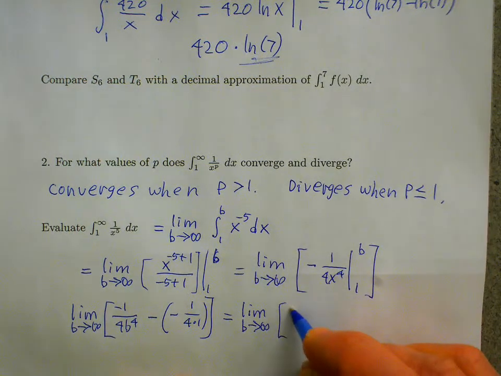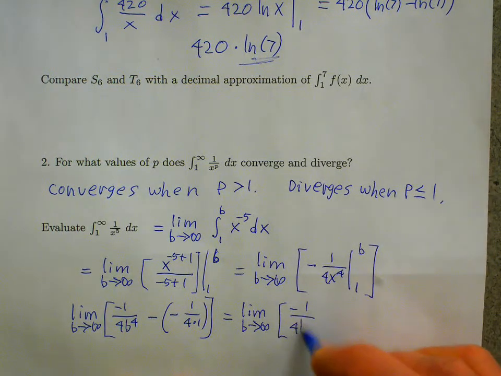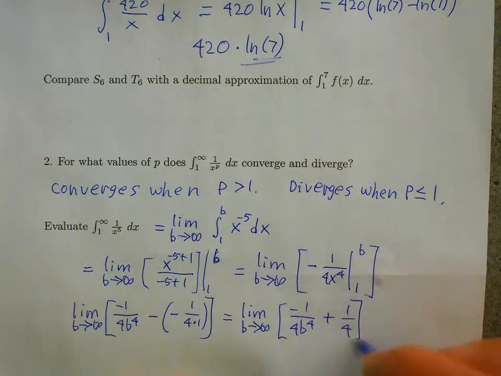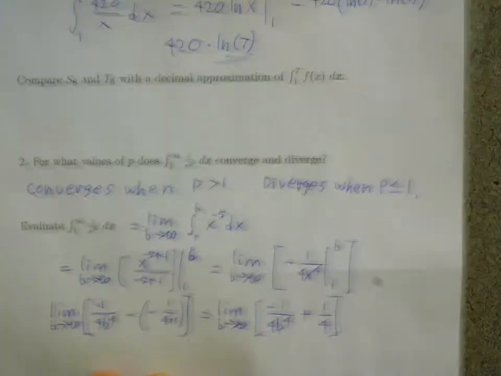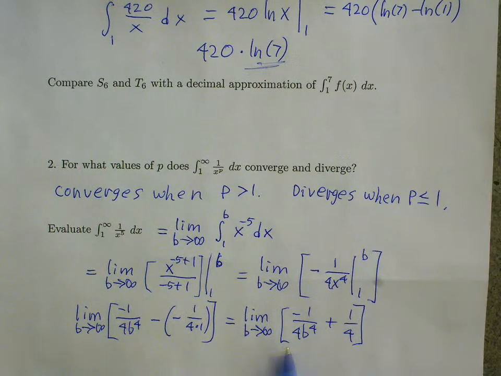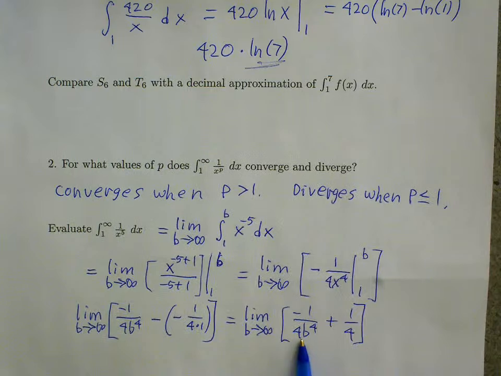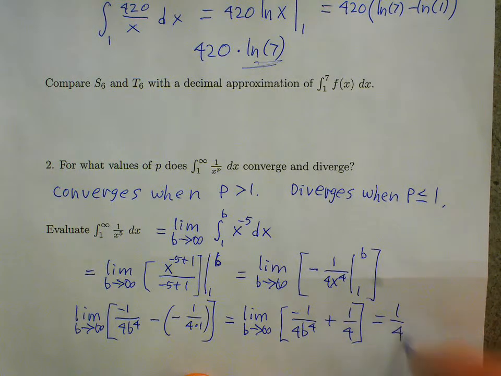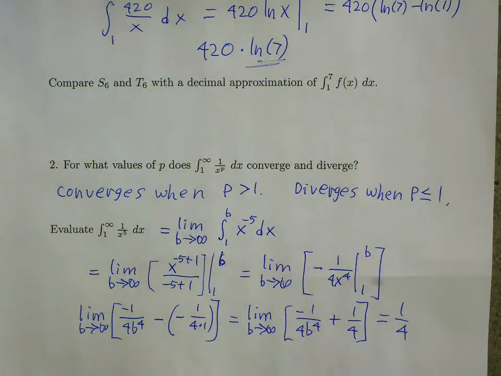We get negative 1 over 4b to the 4th plus 1/4. And now we can take the limit. This term, negative 1 over 4b to the 4th, as b approaches infinity, approaches 0. So the limit is 0 plus 1/4, or 1/4. Okay, be able to do that for the test.